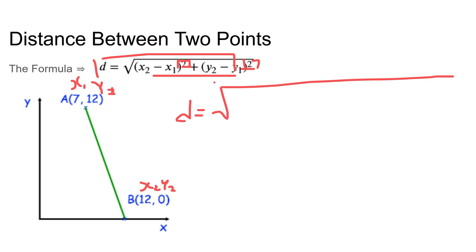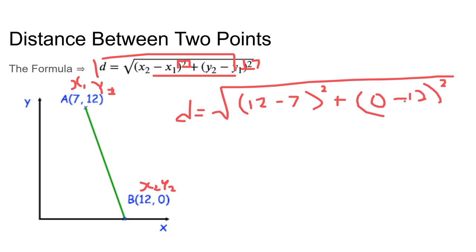So any number, regardless of whether it is added or subtracted, will always result in the same solution because it is squared. So in this case, it doesn't really matter. So let's just follow the formula. 12 minus 7 squared plus 0 minus 12 squared.